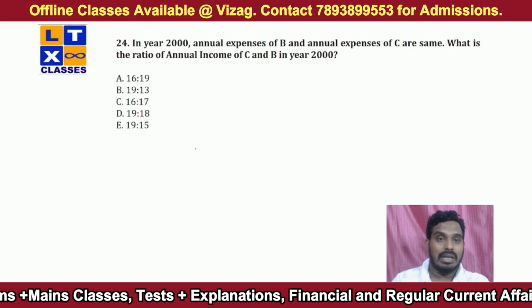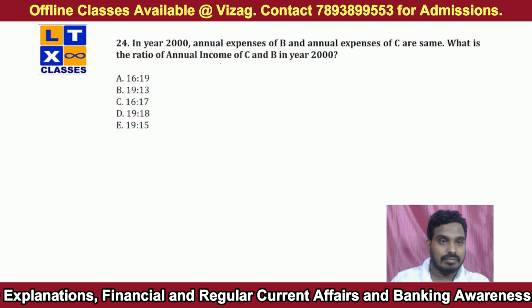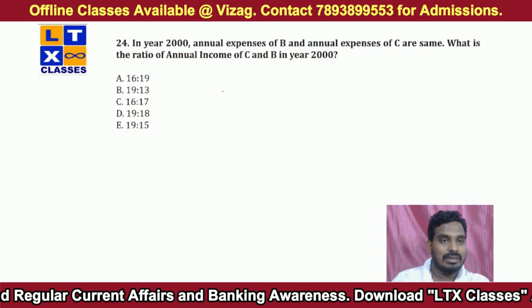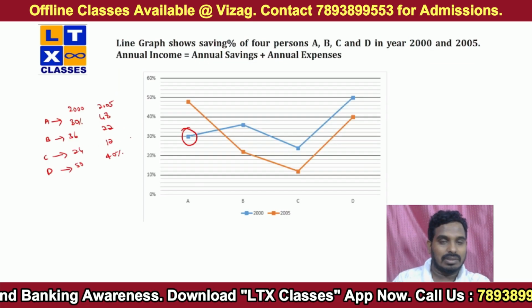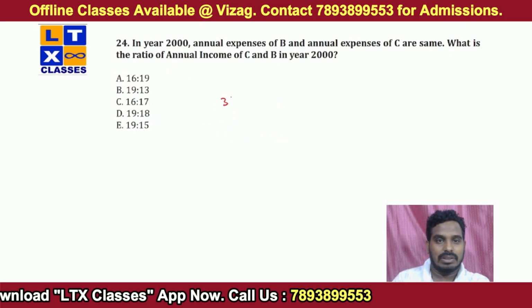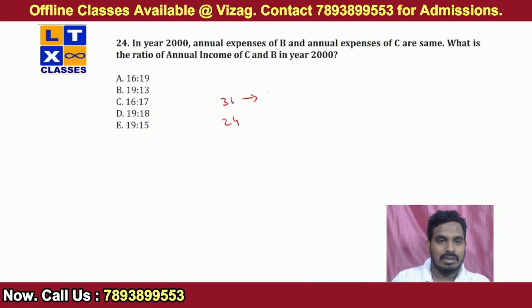Now, in the year 2000, annual expenses of B and annual expenses of C are same. What is the ratio of annual income of C and B in the year 2000? Okay, both my expenses are same. That means, what are the values of B and C in 2000? 36 and 24, right? These are my savings. So my expenditures would be 64 here.